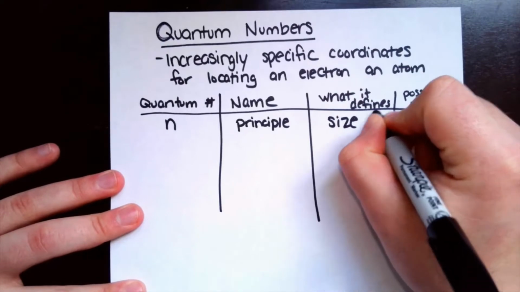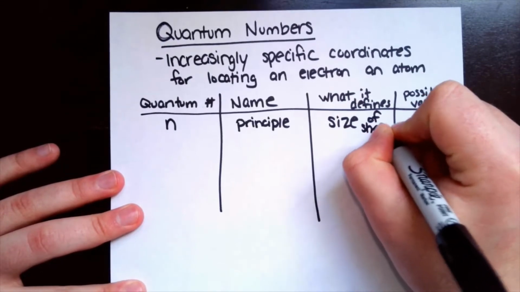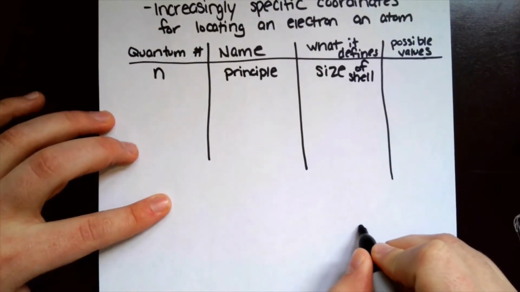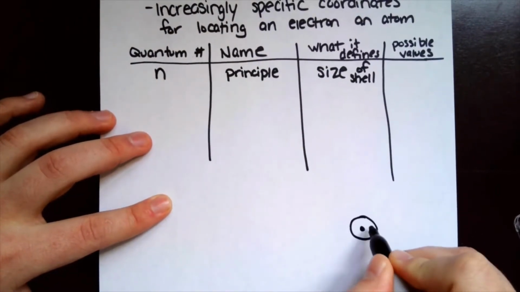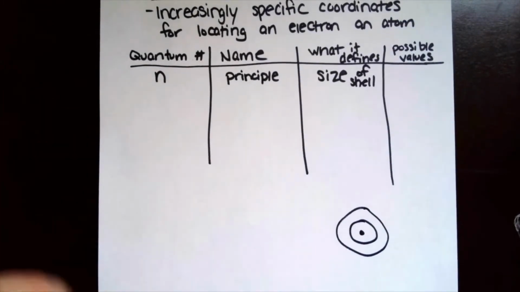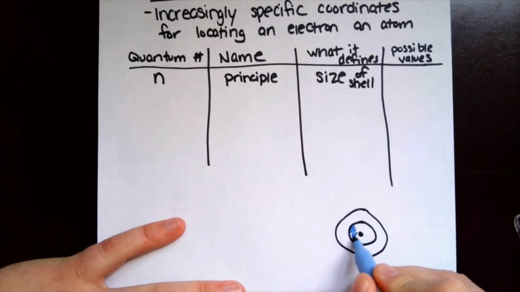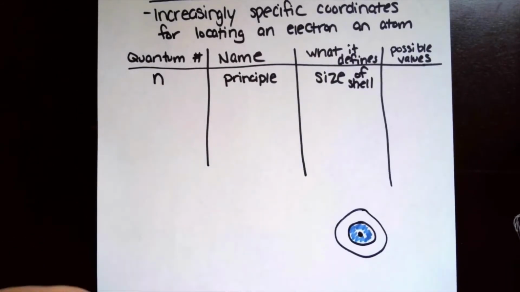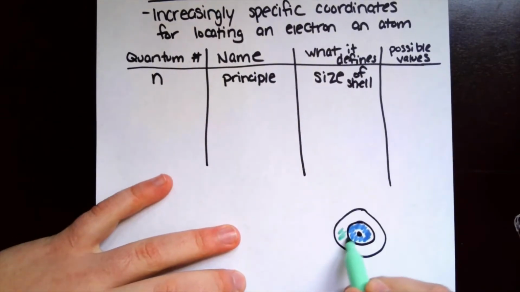Size of shell. And when I say shell, so if I have a nucleus here, this right here, I'm going to shade it here in blue. That's your first energy shell. And I'm going to say in green here, that's your second energy shell.